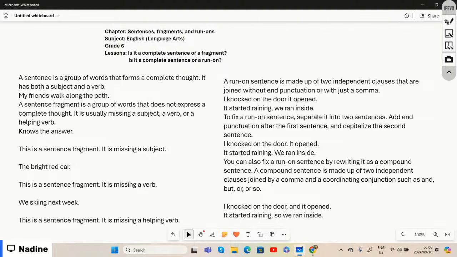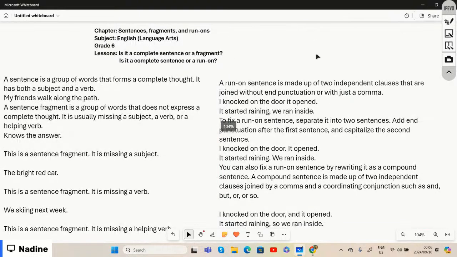And the lessons that we are going to be focusing on under the chapter of sentences, fragments, and run-ons: the first lesson is whether it is a complete sentence or a fragment, and then whether it is a complete sentence or a run-on. That is going to be our lesson for today.